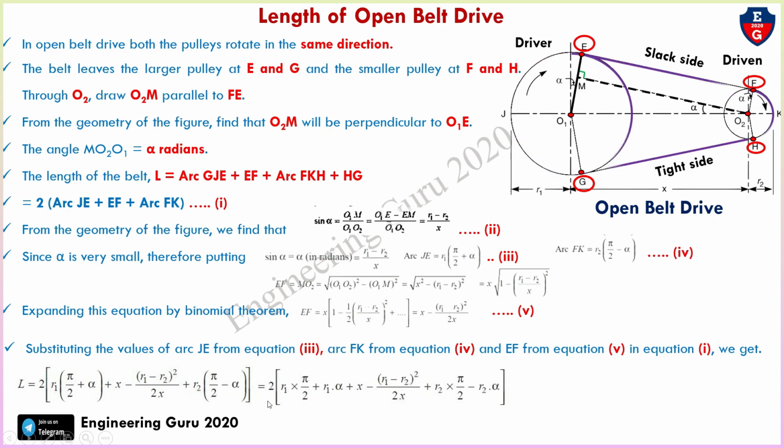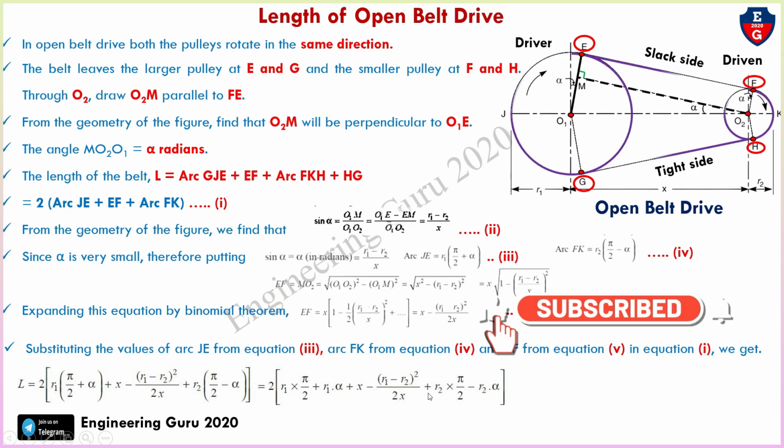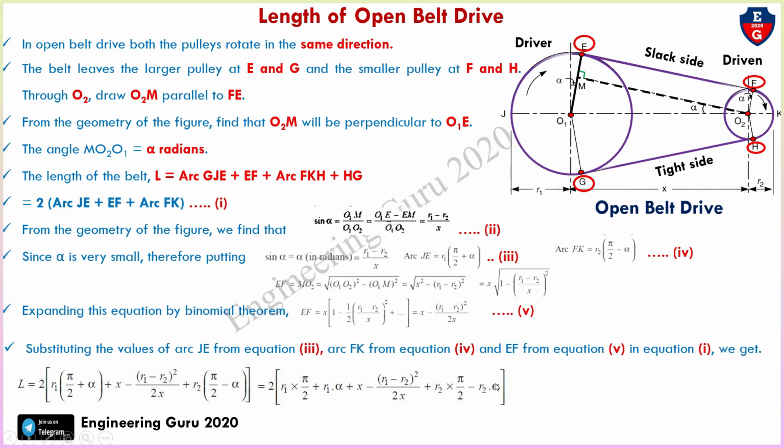Now open the bracket, so we can simply write 2 into bracket R1 into pi by 2 plus R1 alpha, plus (R1 minus R2) whole square divided by 2X, plus R2 into pi by 2 minus R2 into alpha. Now gather these two terms, R1 pi by 2 plus R2 into pi by 2, and take the pi by 2 common.